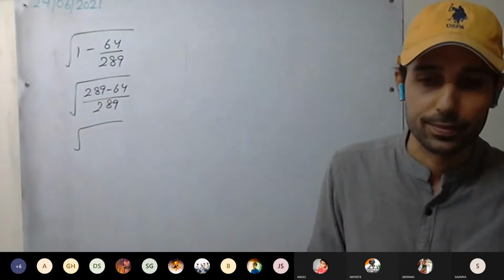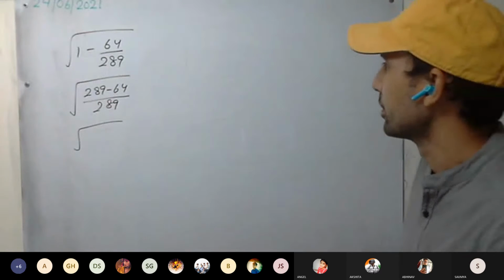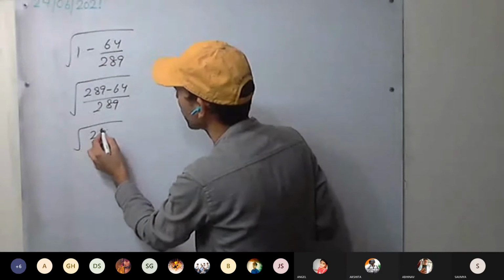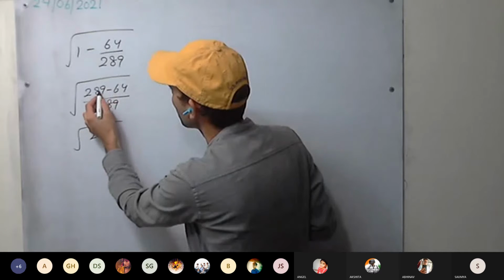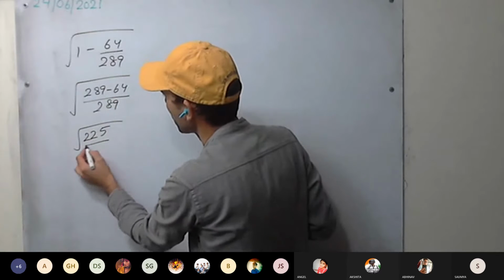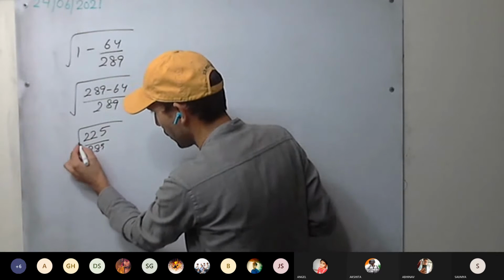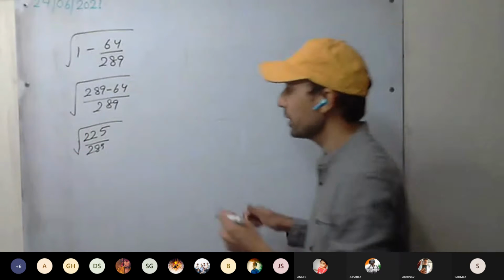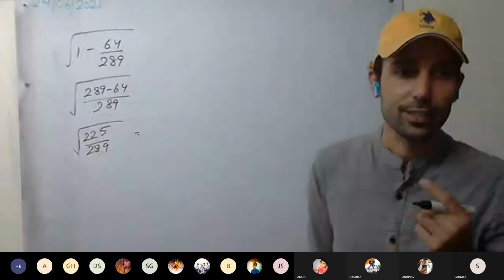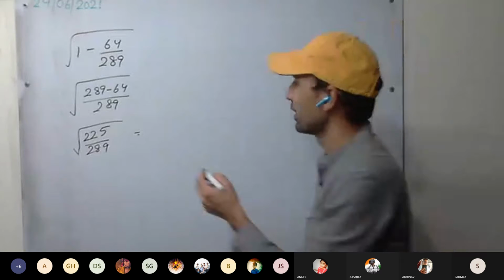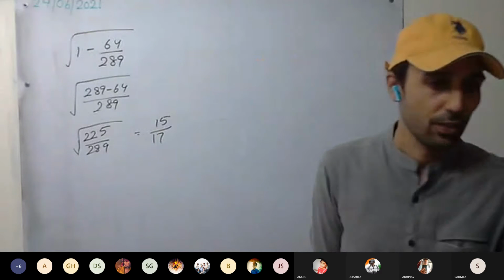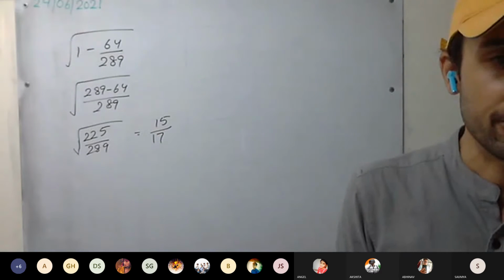It will be 289 minus 64, which is 225. So 225 divided by 289. 225 is the square of which number? 15. And 289 you have already done, it is 17. So the answer is 15 upon 17.